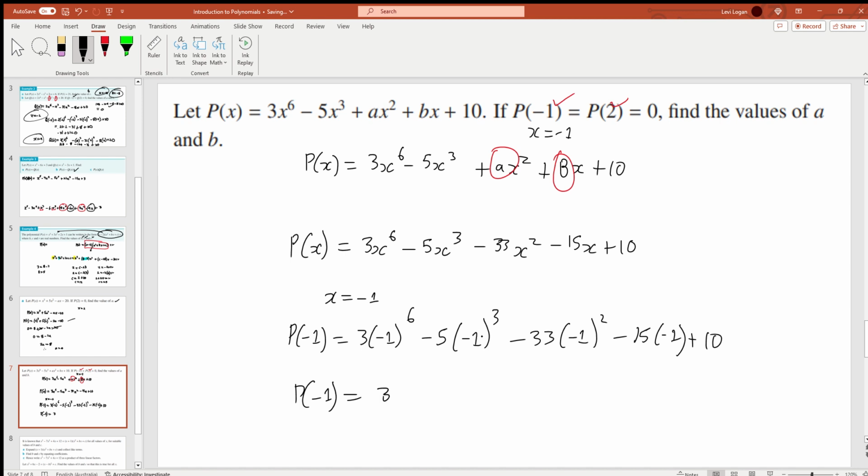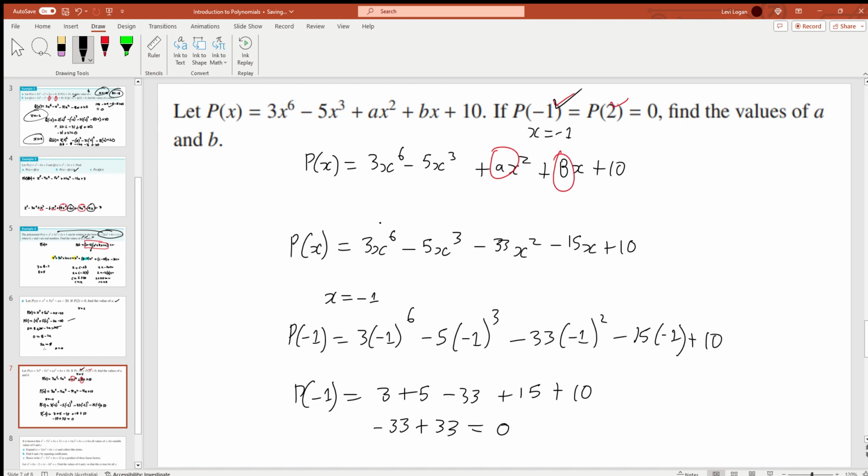This is going to be negative 1 times 5, so positive 5. This is going to be negative 33. This is going to be positive 15, plus 10. If I add the 3, the 5, the 10 and the 15, I get 33. So in other words, I get negative 33 plus 33, which equals 0. So the first condition works.